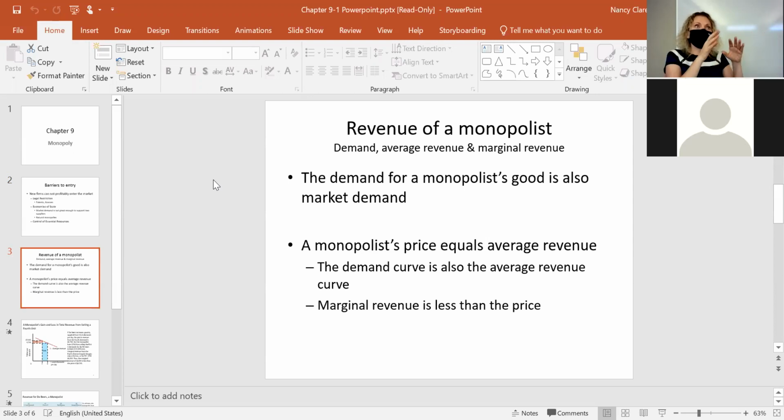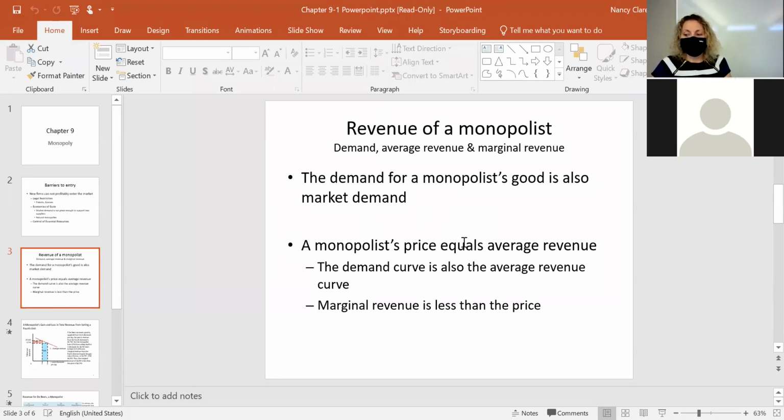So we don't have, like we did under perfect competition, a market demand curve and then a firm demand curve, that horizontal line. It's the same. Market and firm are the same because the firm is the market, okay? So the demand for a monopolist's good is also the market demand. They get all of it, okay?